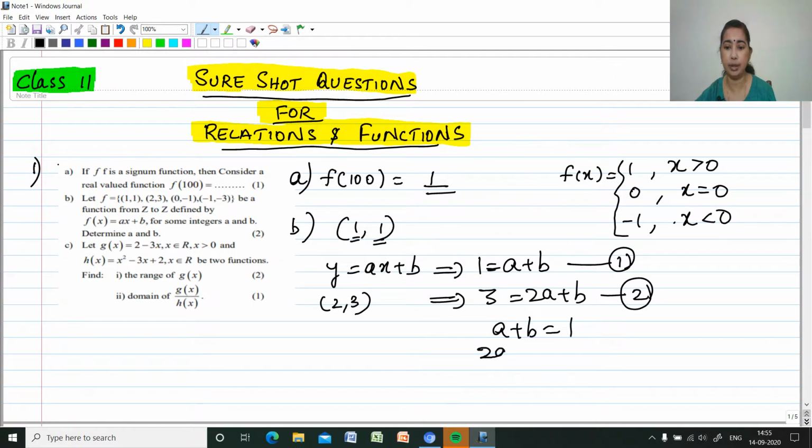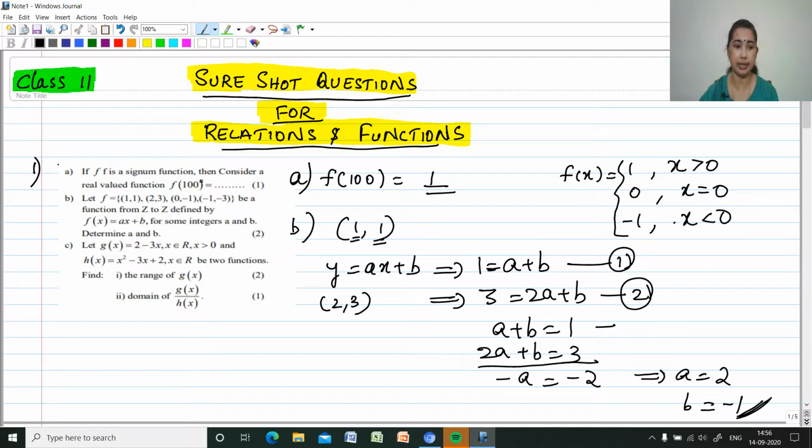Second one is 2a plus b is equal to 3. Solving these two equations, we can subtract so that b will be cancelled, and we get minus a is equal to minus 2, or a is equal to 2. If I substitute the value of a in the first equation, we get b is equal to minus 1. So that is about the second sub question.